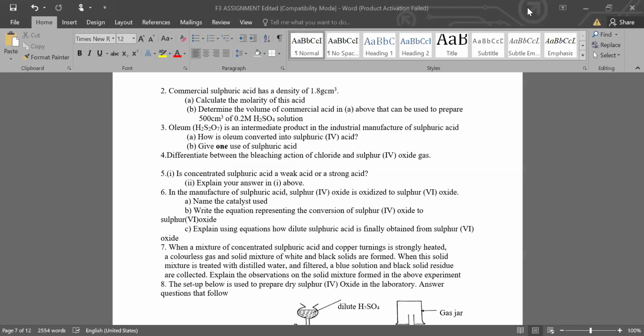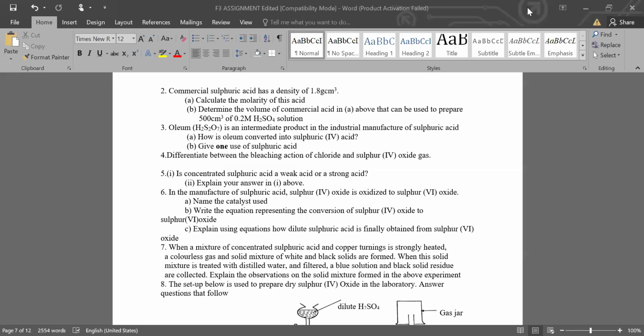But if we ask, is dilute sulfuric 6 acid a weak acid or a strong acid? The answer is it will be a strong acid because now it will be having many hydrogen ions in that solution.